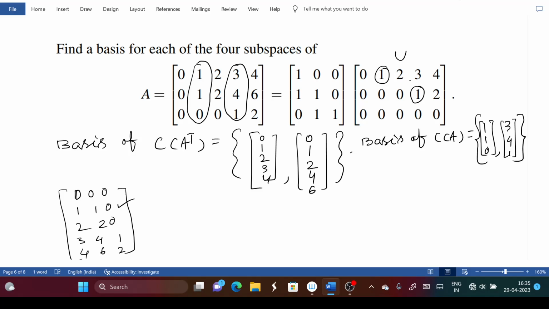Two pivots are there, which means three free variables are there in case of column, and here it is y1, y2, y3 is equal to 0. How many zeros? 5 zeros.